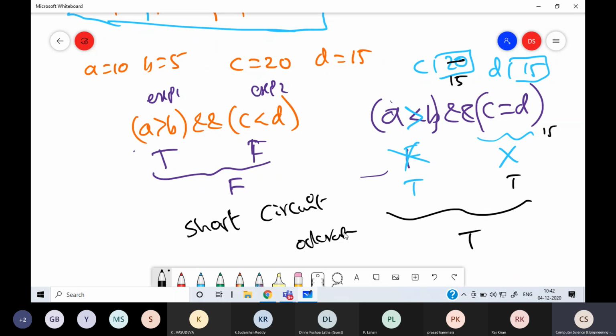So the short path is skipping expression 2 here, then generating the total result. This is called short circuit operation, because expression 2 is skipped. Only expression 1 is evaluated when expression 1 is false.